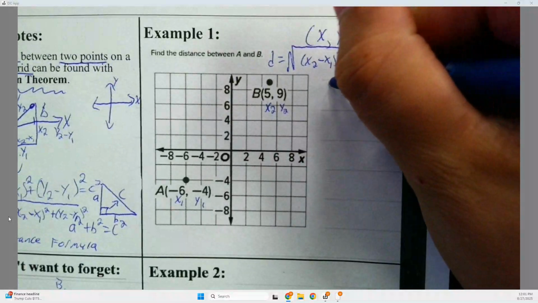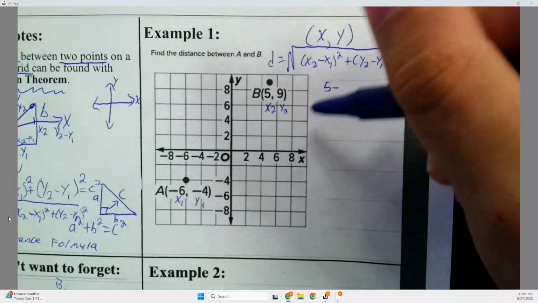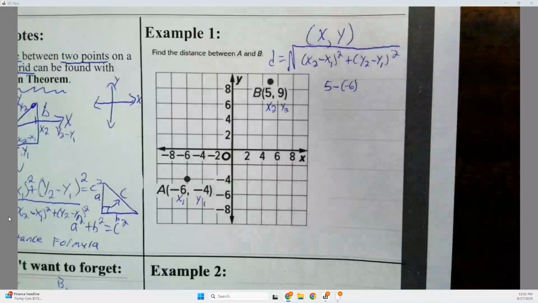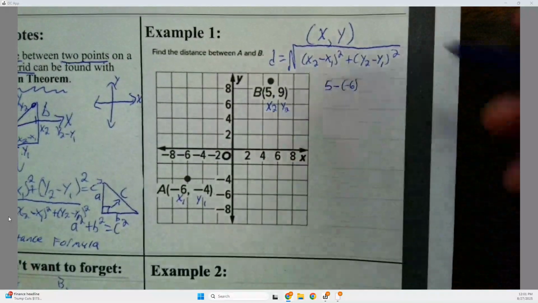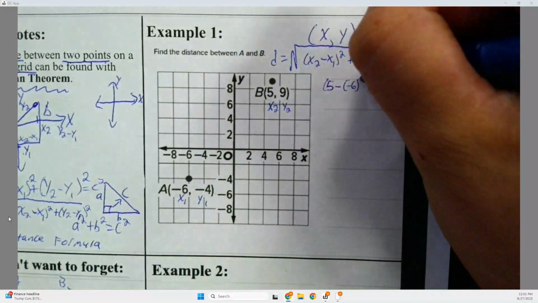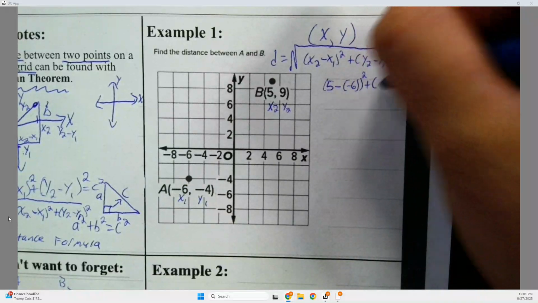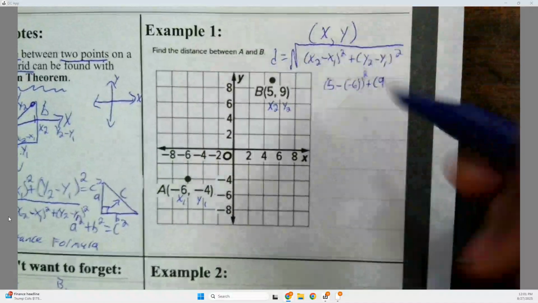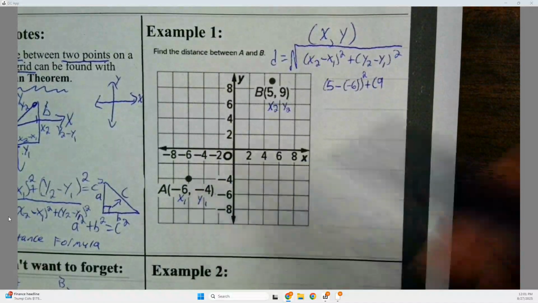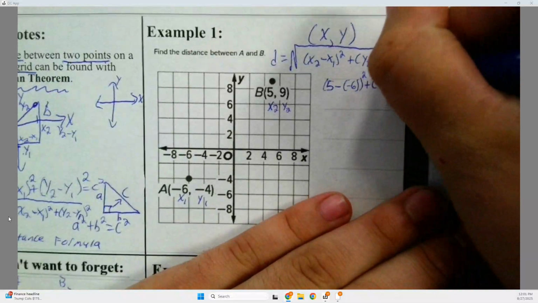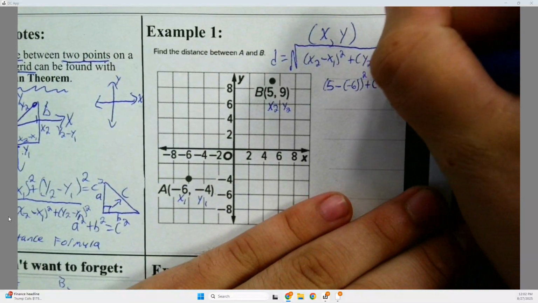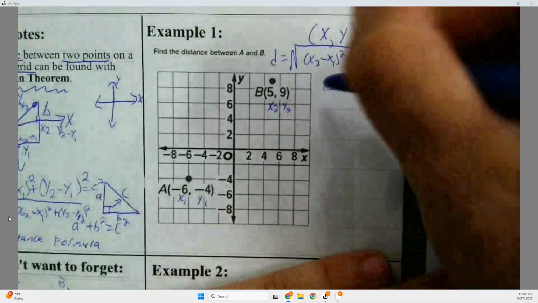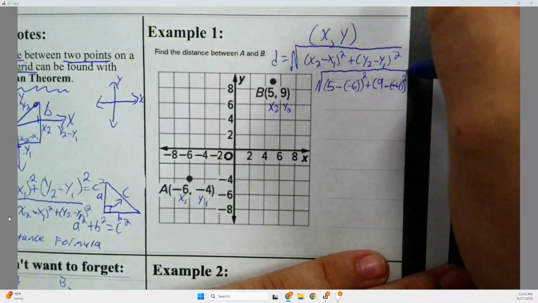x2 is 5 minus x1, which is negative 6. And again, I just like to put the parentheses to make it clear that it's negative. I'm going to take that and square it, plus y2, which in this case is 9, minus negative 4 squared. And then all of this is going to be under a square root by the end.